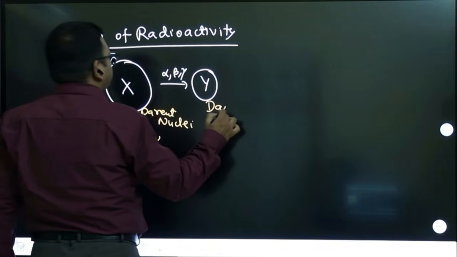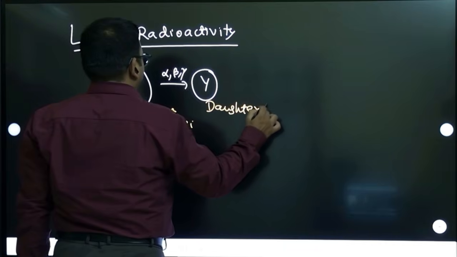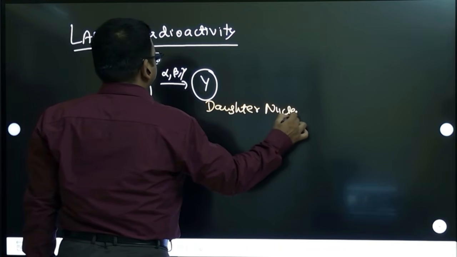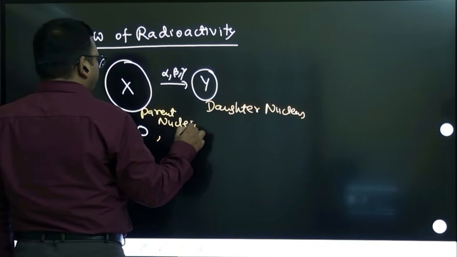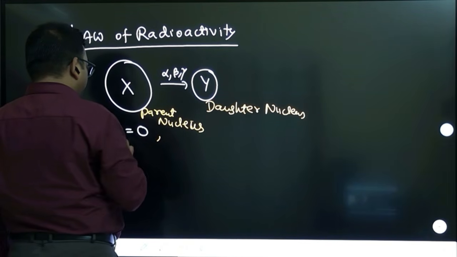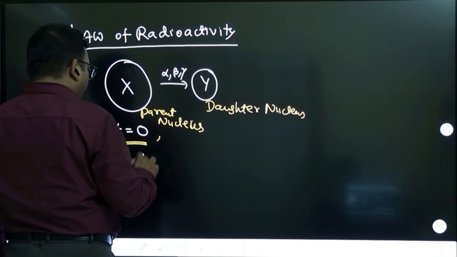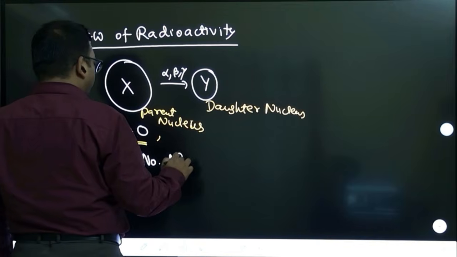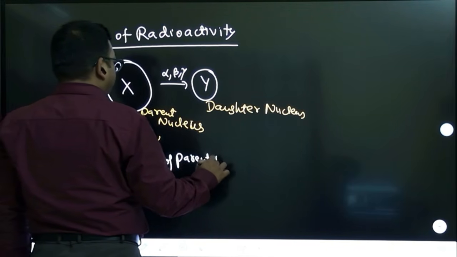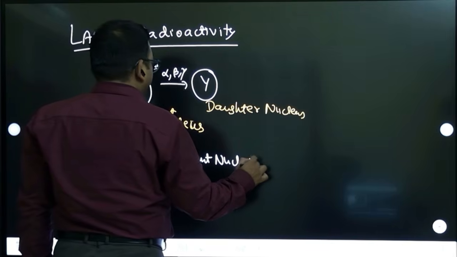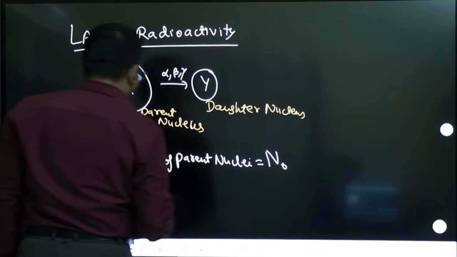This is the daughter nucleus. Parent nucleus, daughter nucleus. So at time 0, the number of parent nuclei is equal to N naught.